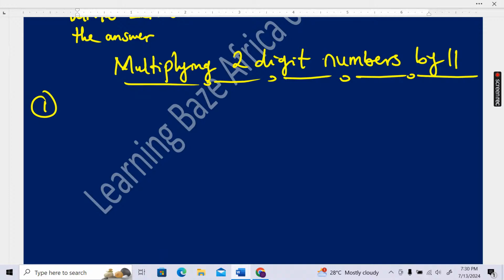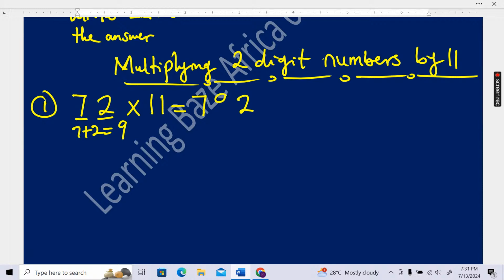Okay, so look at this example. This is 72 times 11. Whenever you want to multiply two-digit numbers like this by 11, write down the first digit and the last digit, with a space in between, all right? Then add them together. 7 plus 2 is equal to 9.